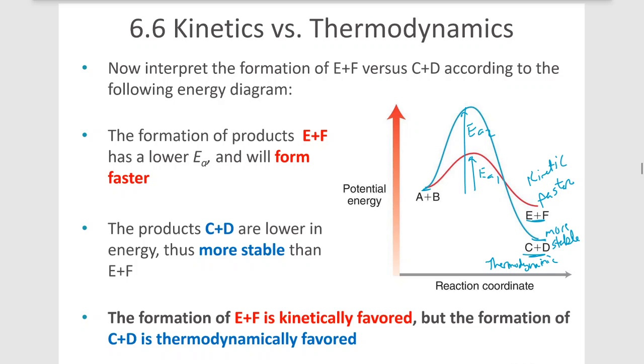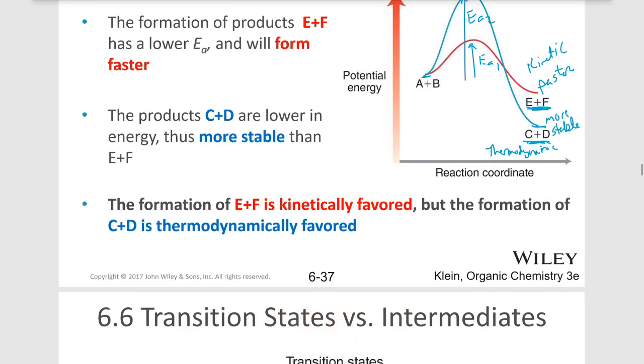If we have a lower temperature, we don't have enough energy to form C and D, so we're going to prefer E and F. But if we have a higher temperature, if we put enough energy into that system and we allow the products to equilibrate, we're going to form C and D because they're more stable.